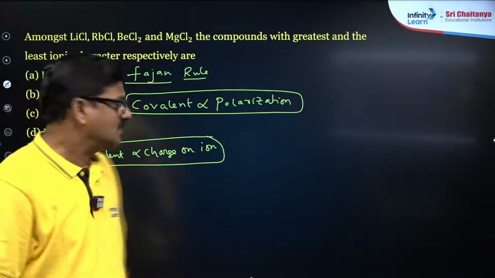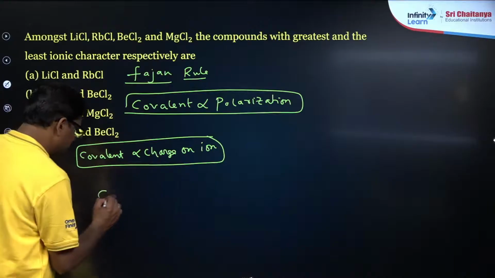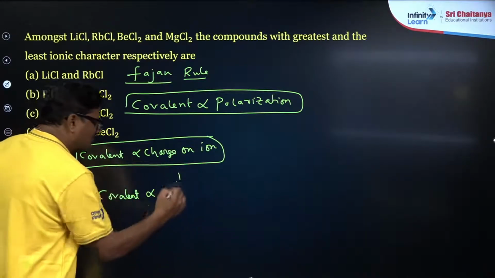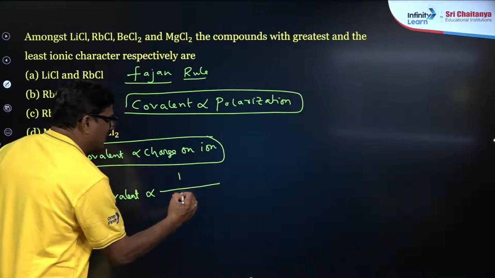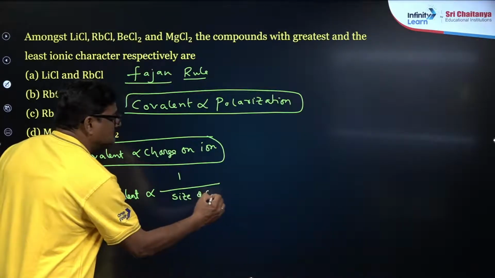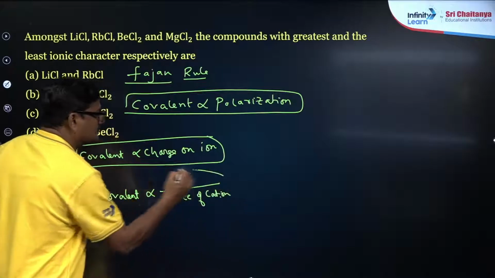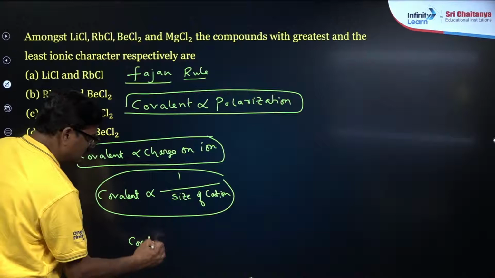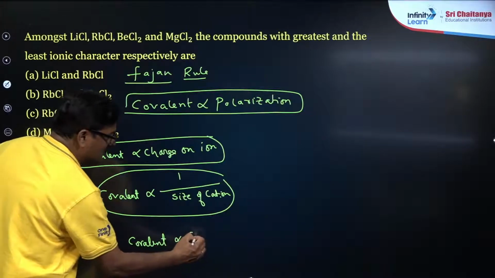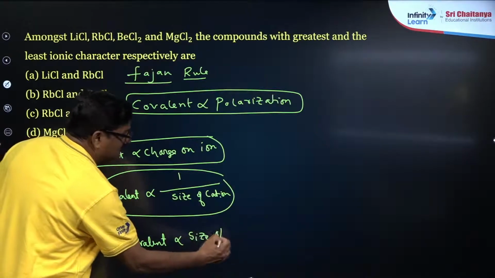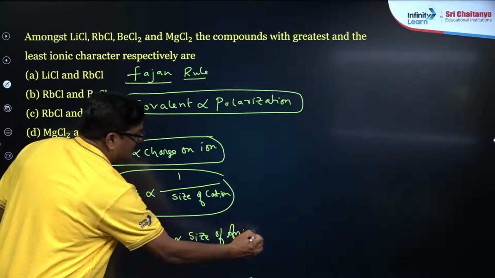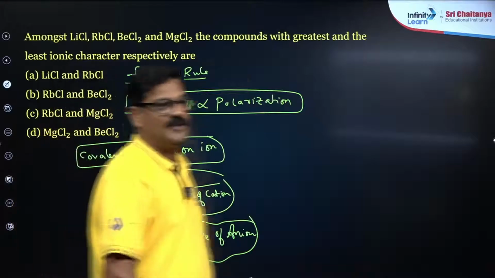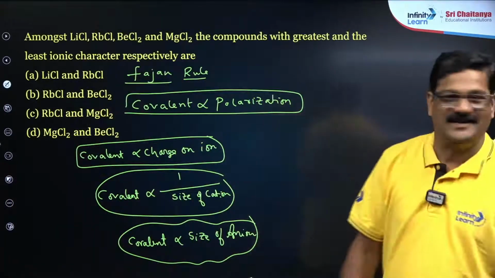And one more thing: covalent character is inversely proportional to size of cation. And also covalent character is directly proportional to size of anion. This is quite important, Aditya.